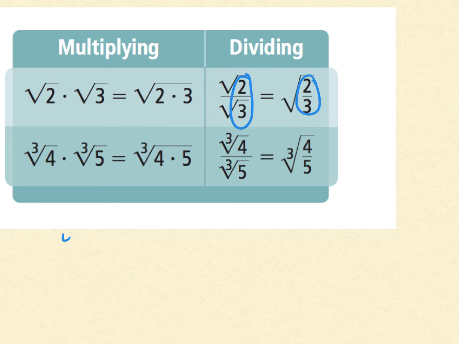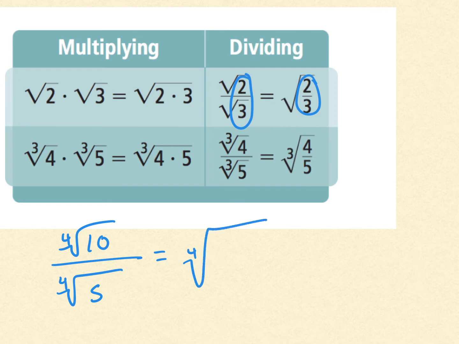So let's say I had the 4th root of 10 over the 4th root of 5. This would become the 4th root of what goes on the inside? 10 over 5. And what's 10 divided by 5? So it would be the 4th root of 2.